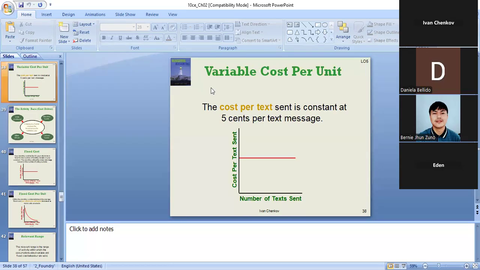So for that reason, the variable costs, you have to understand, they behave in two ways. First way is per unit. Second one is in total. Per unit, variable cost always stays the same. It doesn't change. Price per unit doesn't change. But the total price that we have to pay, it changes in proportion of the quantity that we're getting.